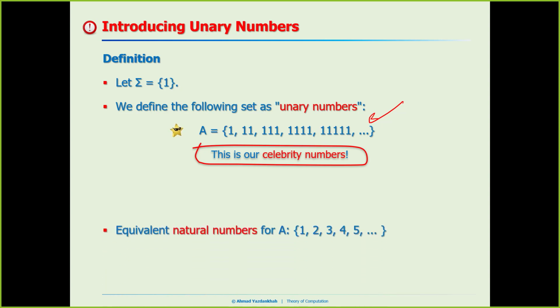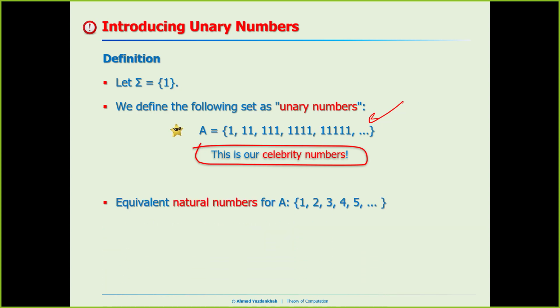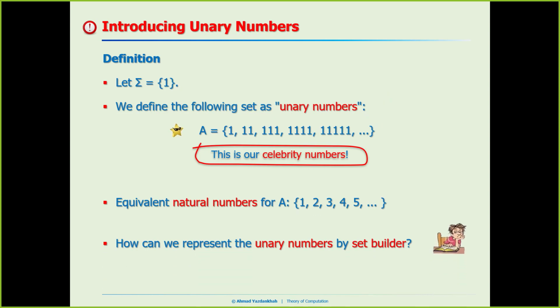Just pay attention that there is no zero here. Unary numbers do not have zero; it starts with 1. And this set is equivalent to that one. How can we create this set with a set builder? This is an exercise that you will solve.